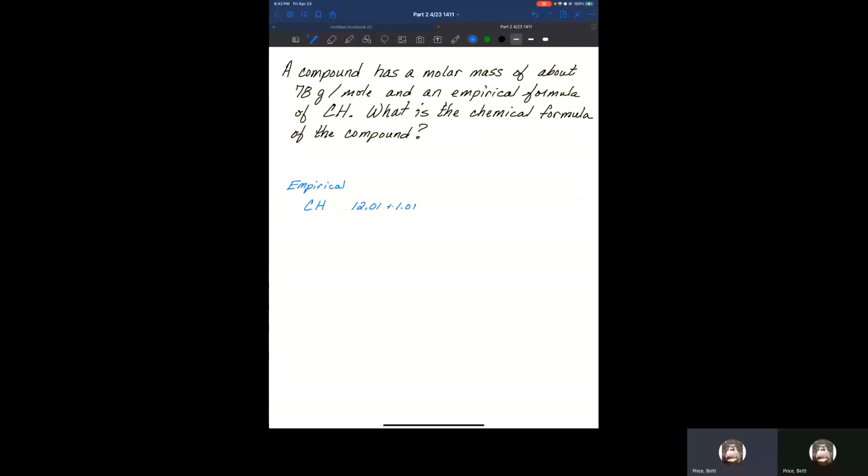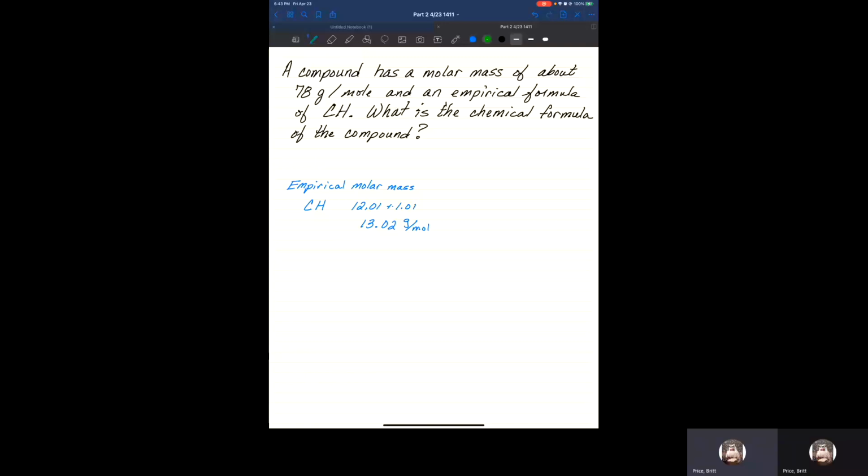So my empirical molar mass is going to be what, 13.02 grams/mole.